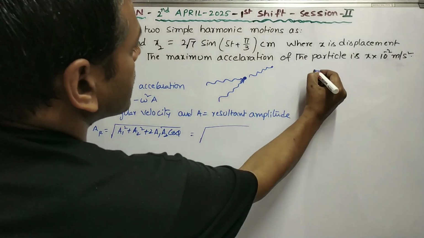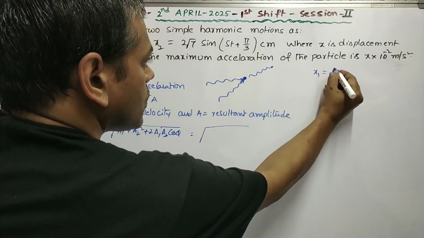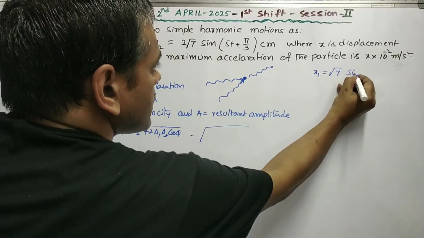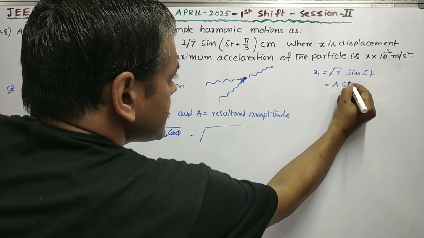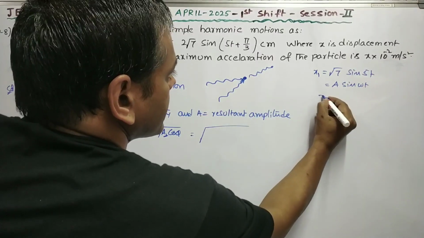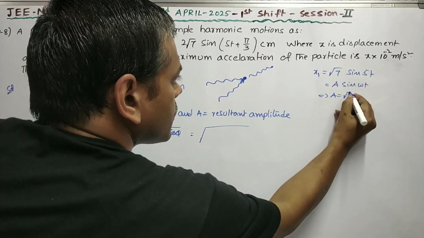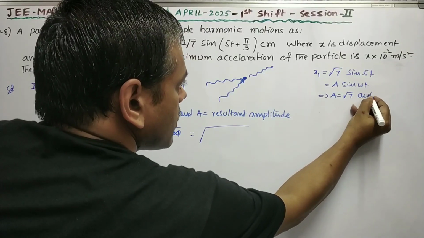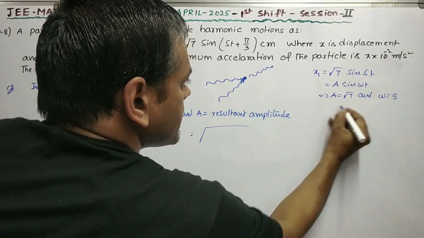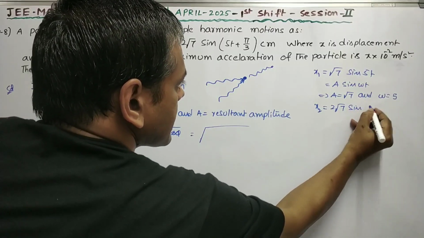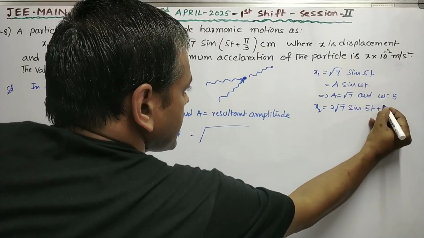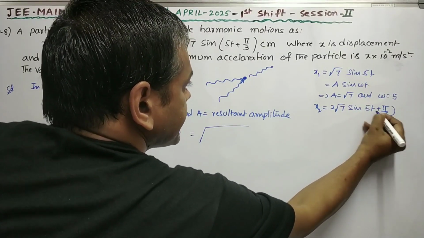Compare this equation, x1 is equal to root 7 sine pi t, with A sine omega t. That implies A1 is root 7 and omega is pi. Similarly, x2 is equal to 2 root 7 sine (5t plus pi by 3).